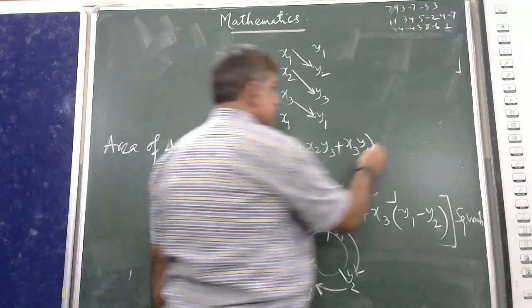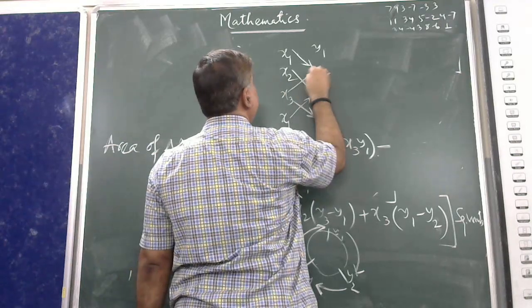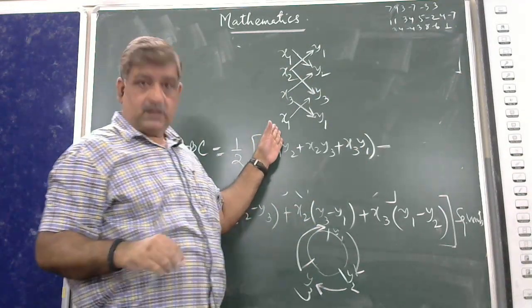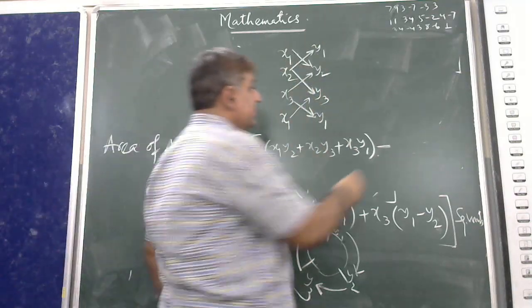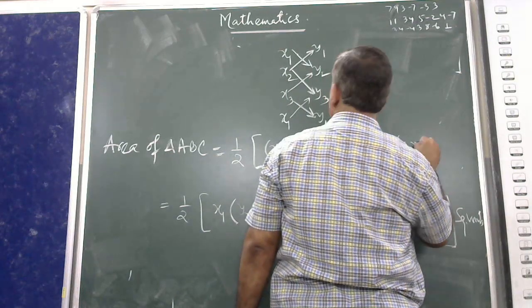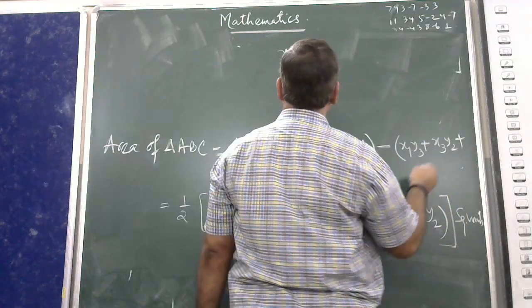Now minus, you should write the remaining products from right bottom to left top in this bracket. That is x1, y3 plus x3, y2 plus x2, y1.